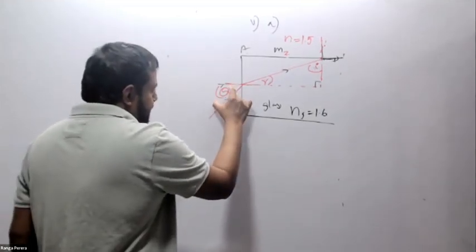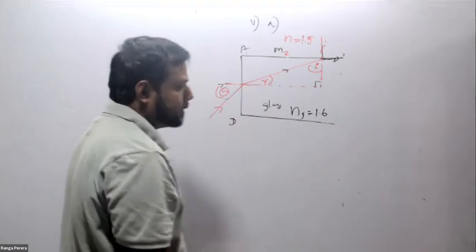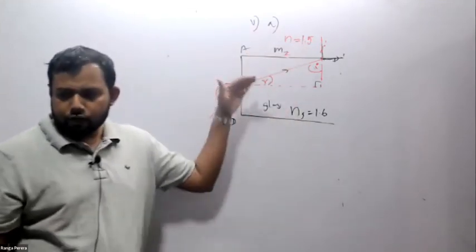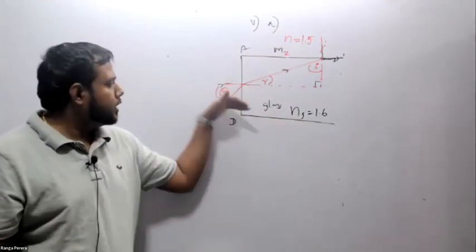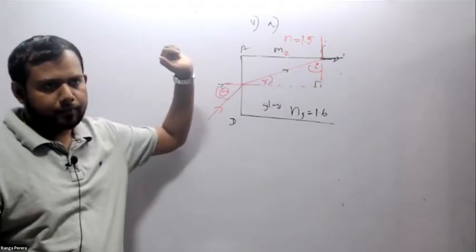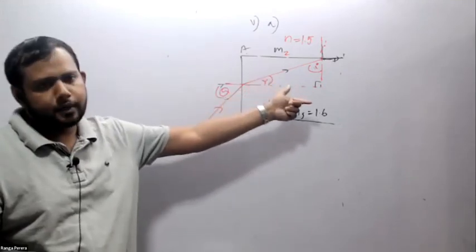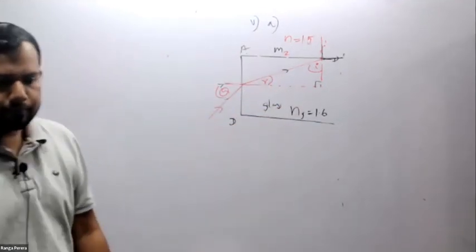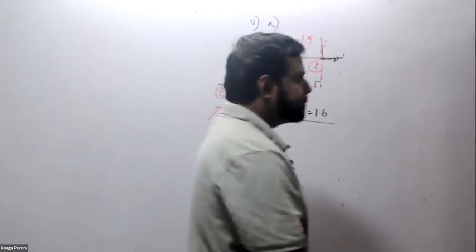When theta is maximum, R should be maximum. I need you to draw that, otherwise pointers. When R is maximum, I is minimum.